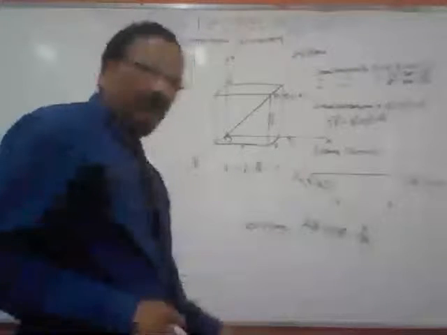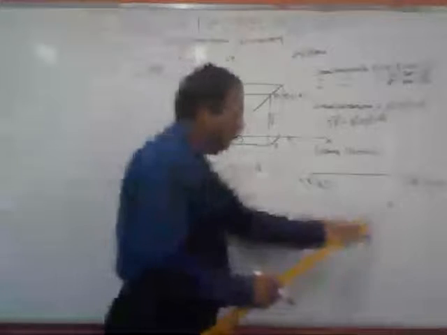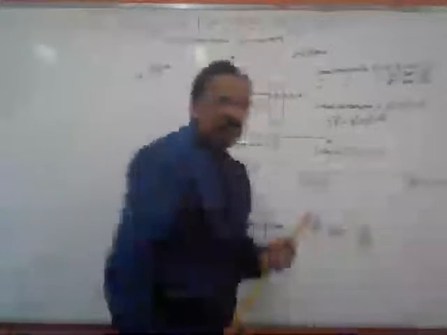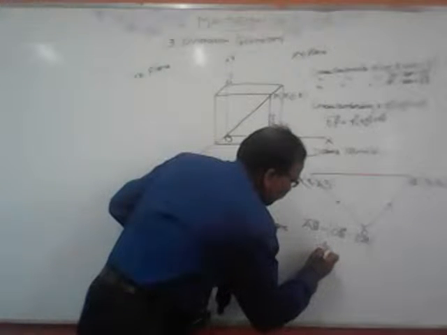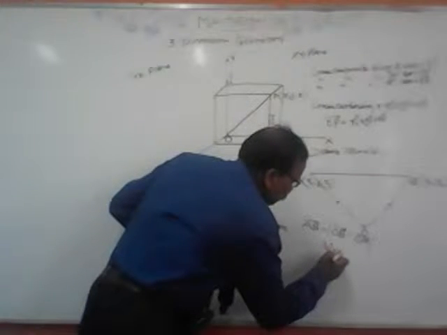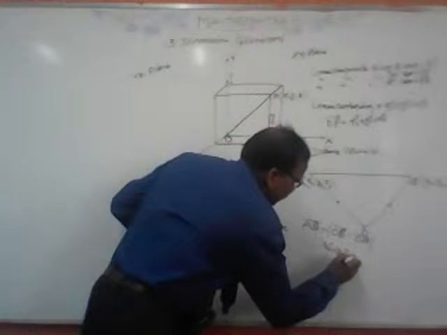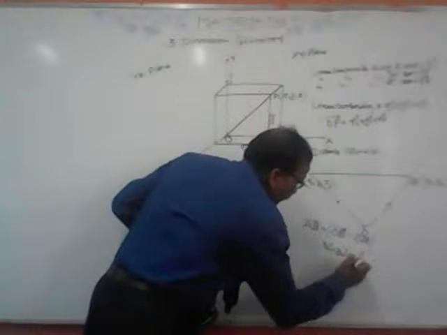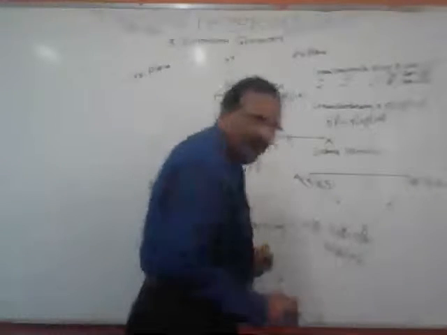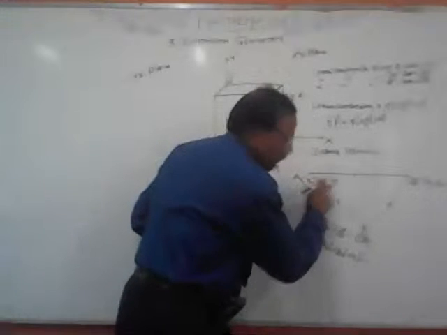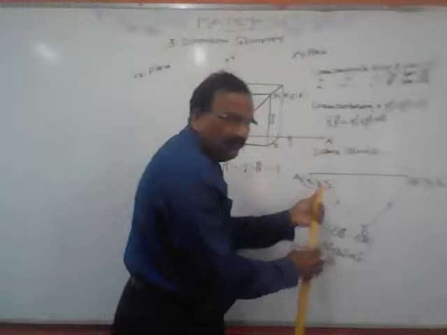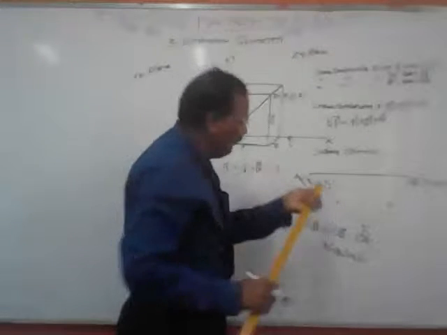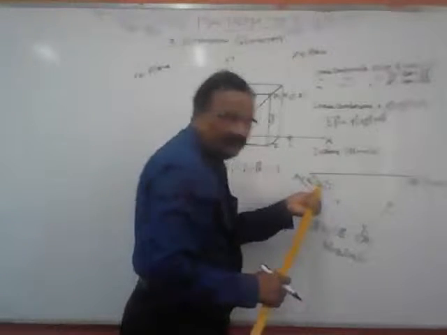OB is x2 i cap plus y2 j cap plus z2 k cap, and OA is x1 i plus y1 j plus z1 k.